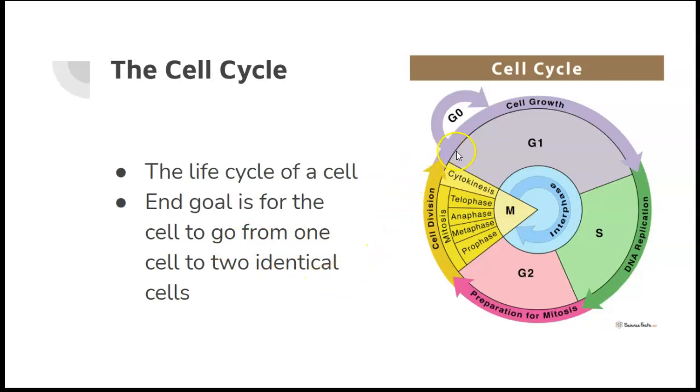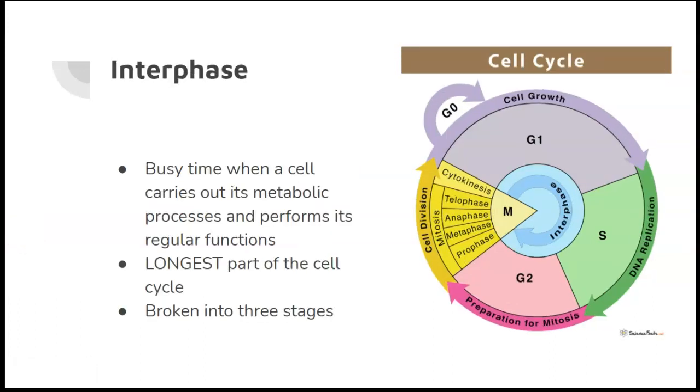So for today, throughout this lecture, we're really going to focus on interphase, which is this bigger chunk. It's like 70–80% of this circle. And there's a reason for that, because cells spend most of their time in interphase. Getting into interphase, it's busy. The cells are doing a ton of stuff.